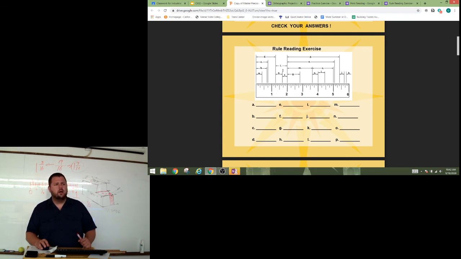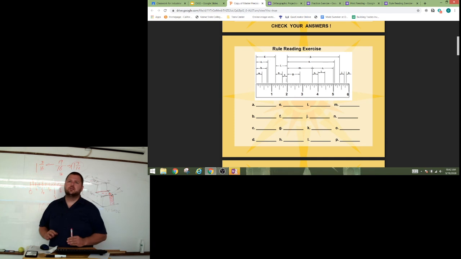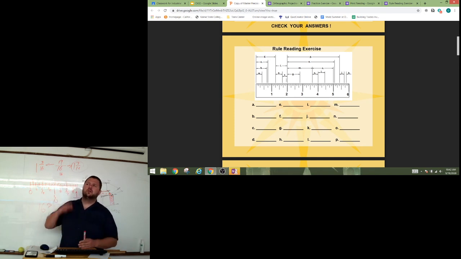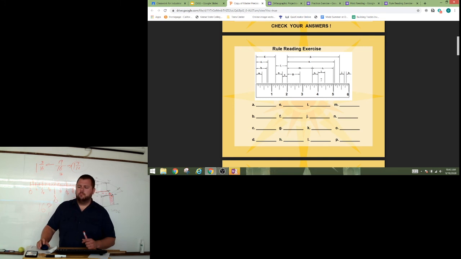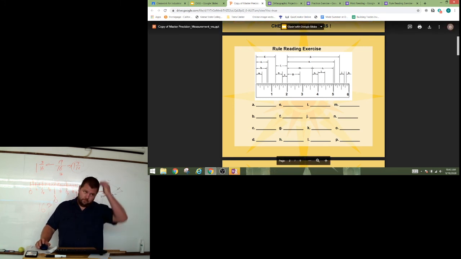You start there, you measure there. An easy way to do this is you take your first point, you take your second point, and you subtract the first point from the second point. Same thing here. It's not starting at 0, like P starts at 2 and goes all the way up into here. You're measuring the whole thing, okay?